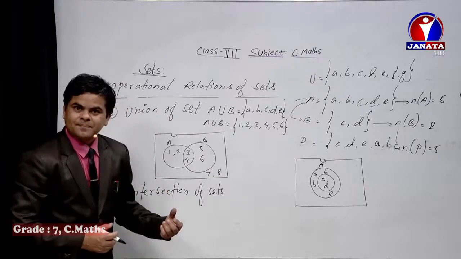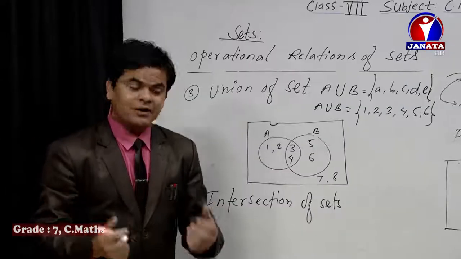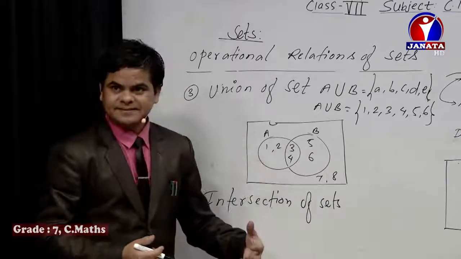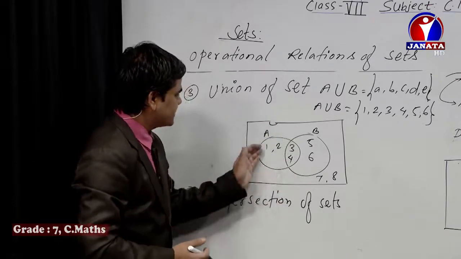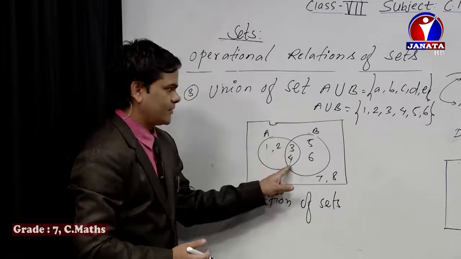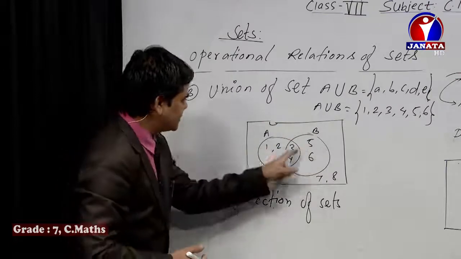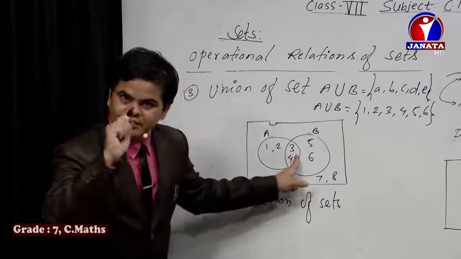Those elements which are present in the common area in between the two sets. Here, set A has the elements 1, 2, 3, 4. Don't be confused, dear students.